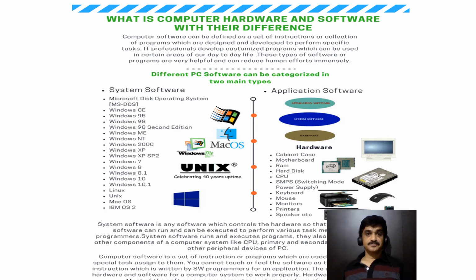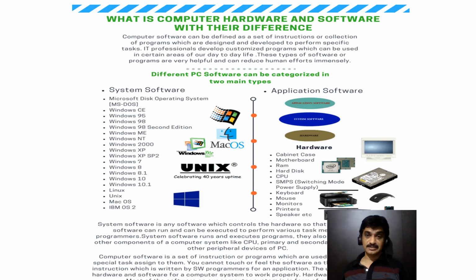If you see this, there are mainly system softwares. We understood that if you purchase a computer, it has all the physical components, and we are also checking which software is installed in it.